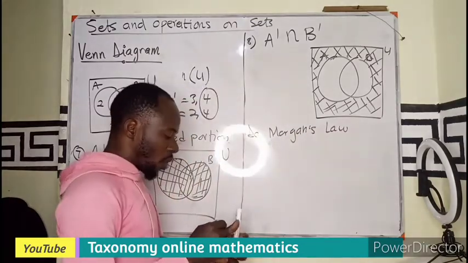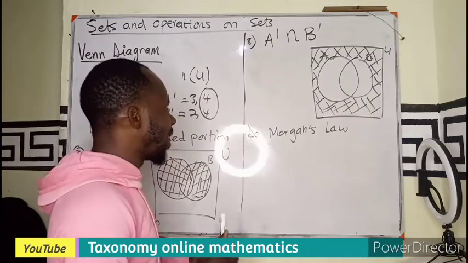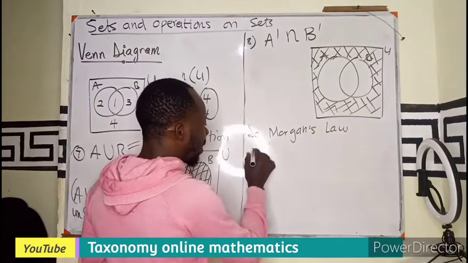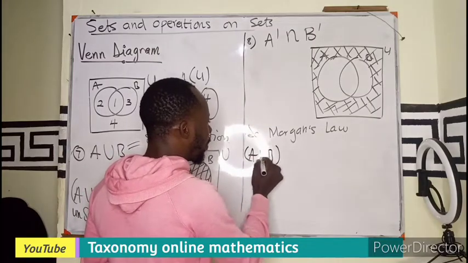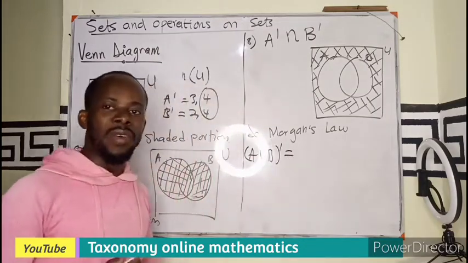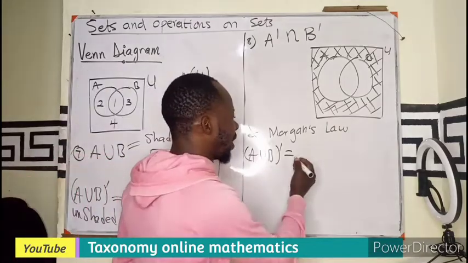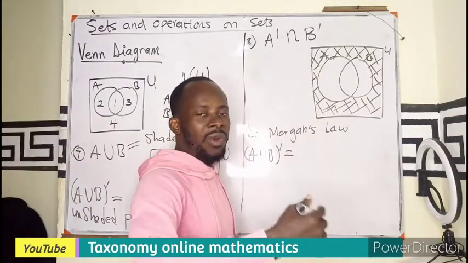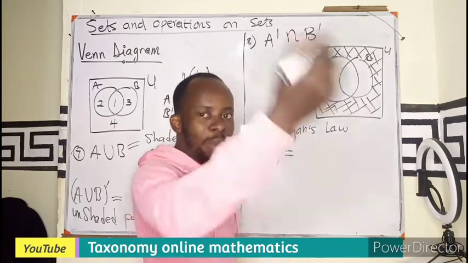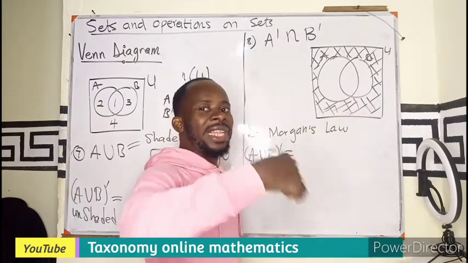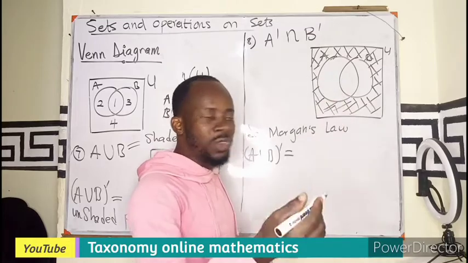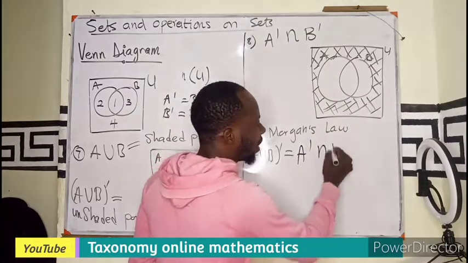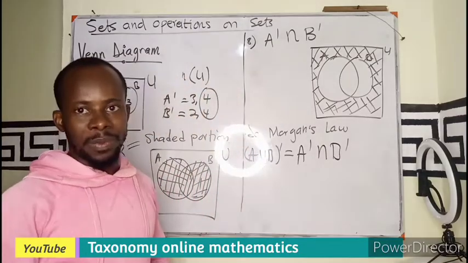De Morgan's law also says that if you have the complement of a union of a set, that is (A union B) complement, the complement of a union of sets is the same as the intersection of the complements of the two sets, meaning A complement intersection B complement.